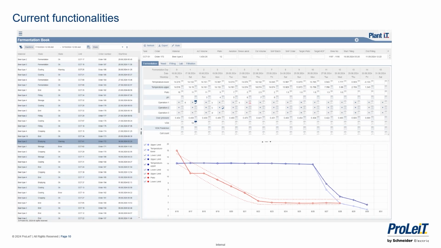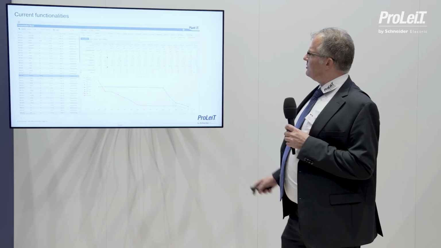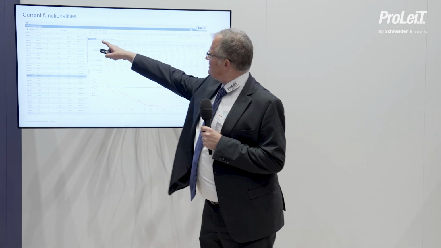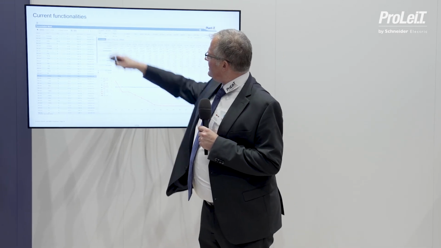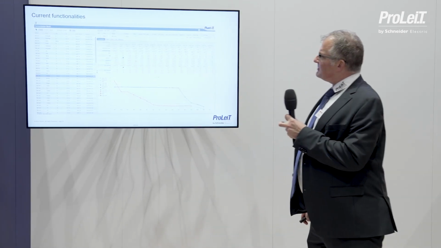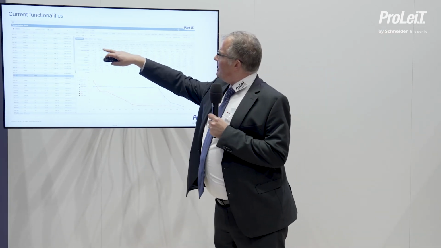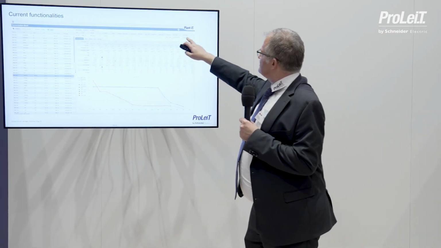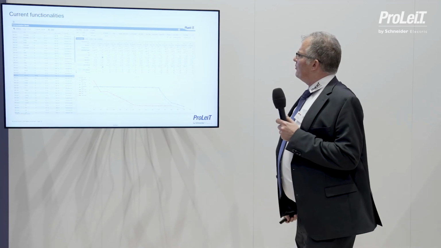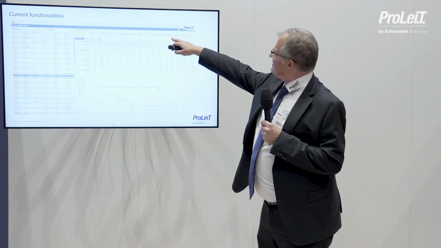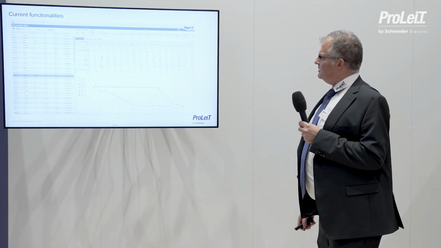When you click on the detail of one of the batches, you can start the complete parameterization. We have here the fermentation tab, the yeast tab, the filling tab, the lab tab for the laboratory values, and the filtration tab. In the first slide we get an overview of which different brews this fermenter has been filled from.